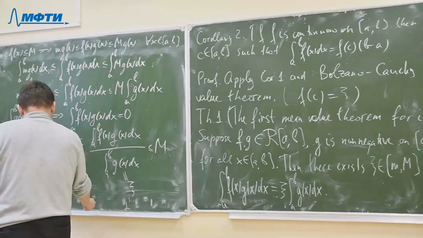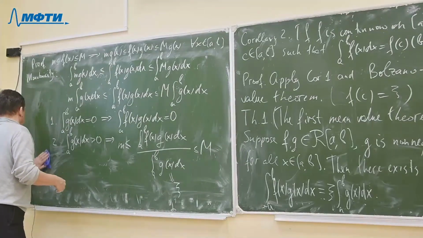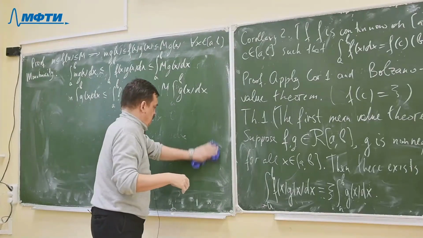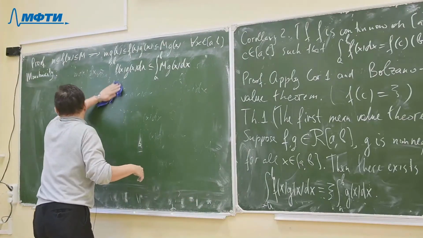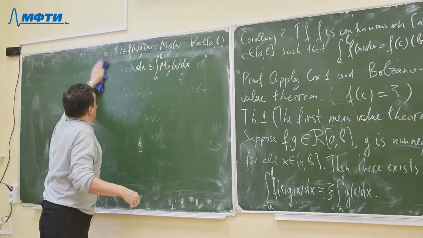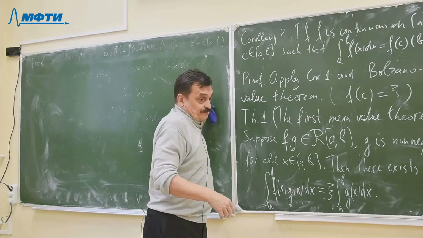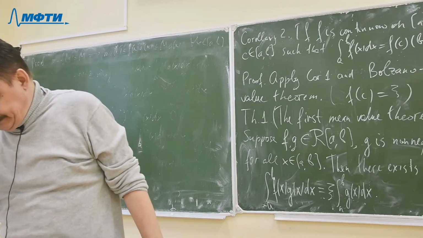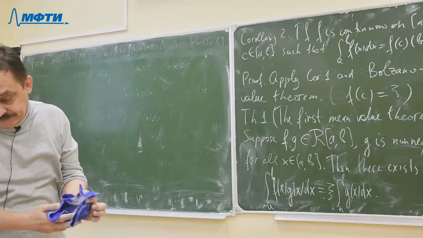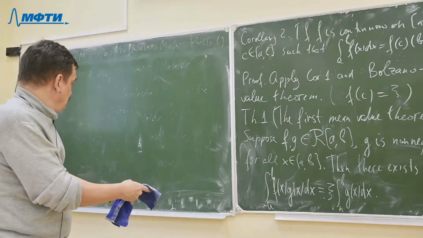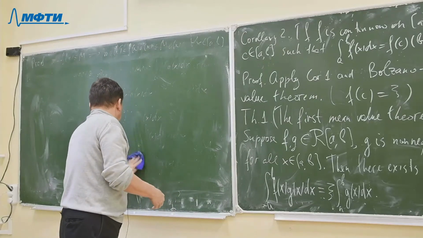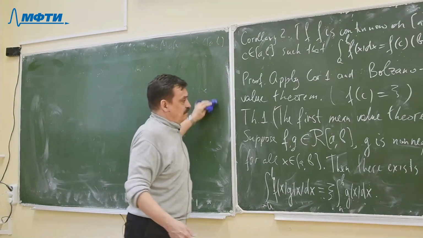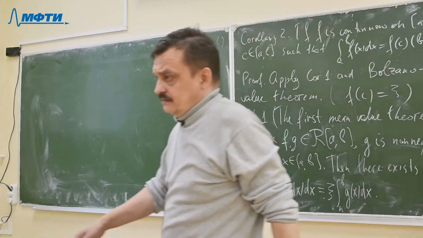The second mean value theorem is more complicated in proof, so I'll not give the proof here. I'll give it without proof.